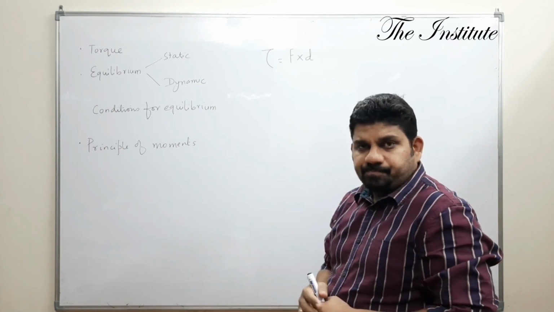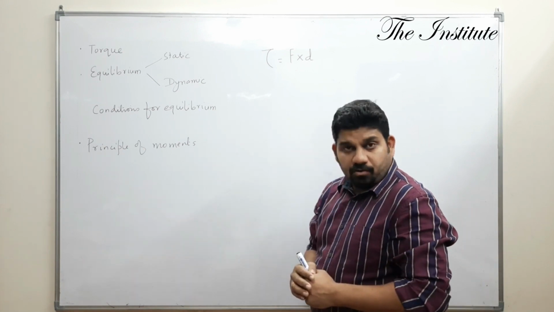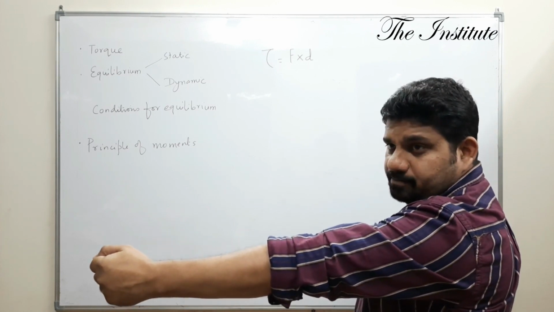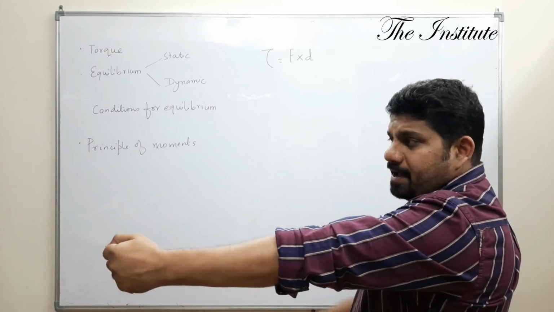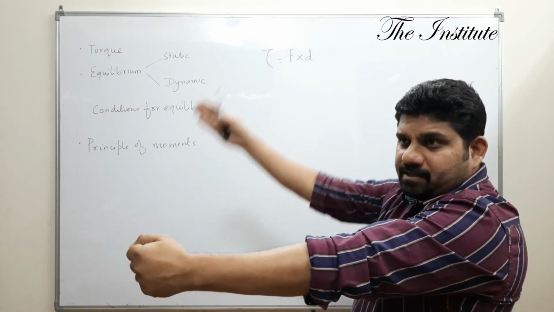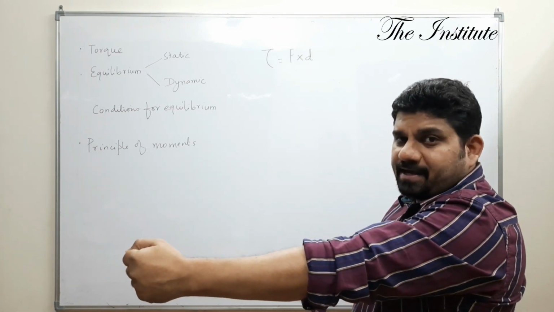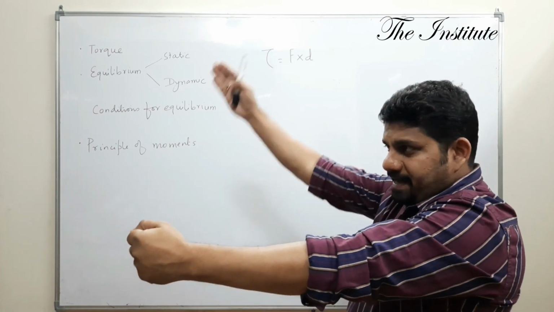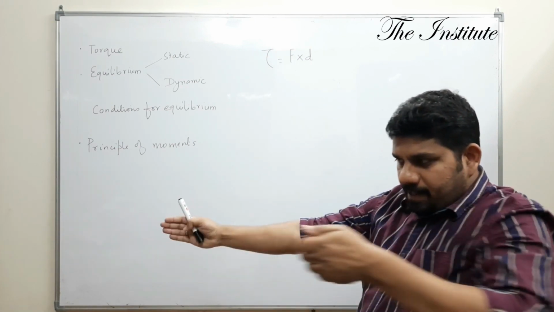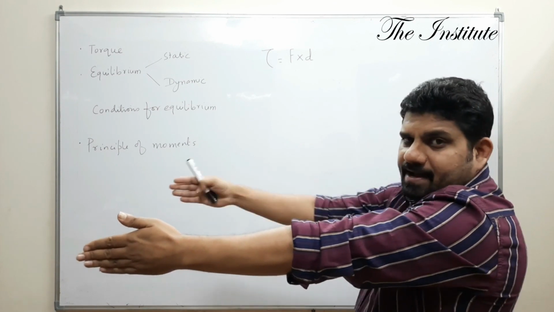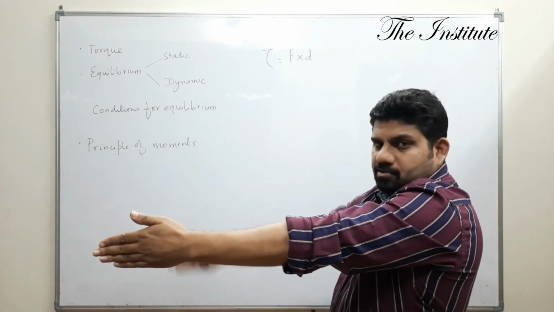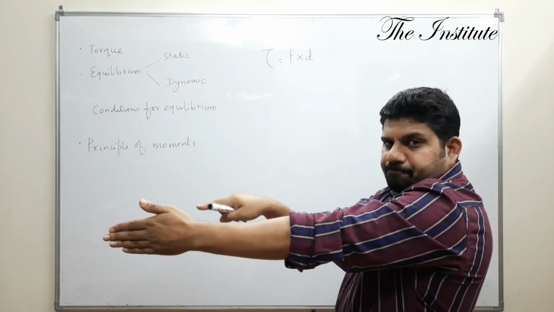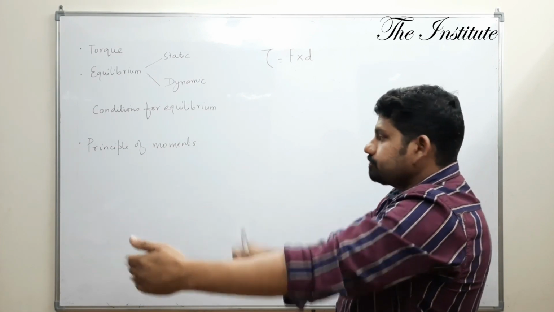For example, if we take the case of a door, we apply the force at the handle, and the axis of rotation is the imaginary line passing through the hinges. So that is the axis of rotation, and this imaginary line running through my hand is the line of action of force. So the perpendicular distance is this thing, right?